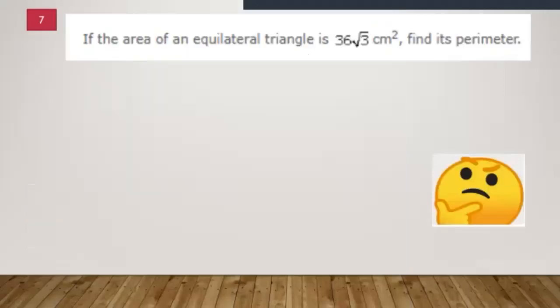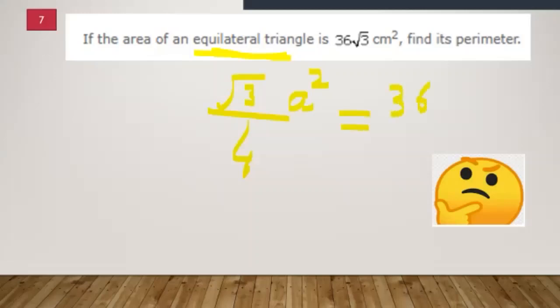If the area of an equilateral triangle, the word equilateral, so you know what is the area? Root 3 upon 4 a square. A means side. This is given to you as 36 root 3.